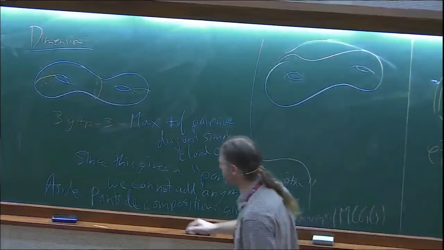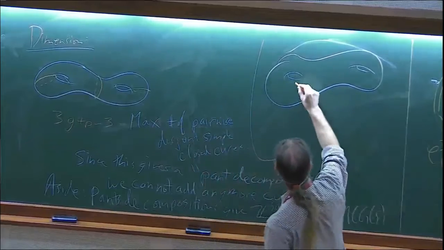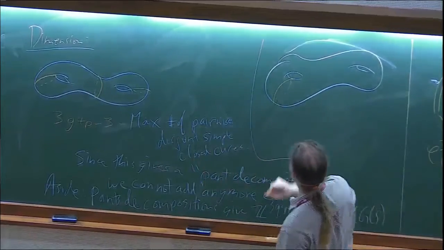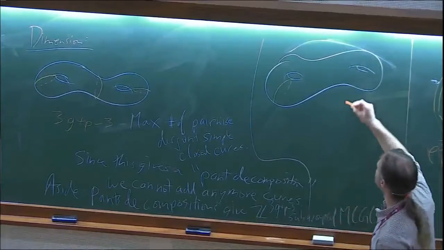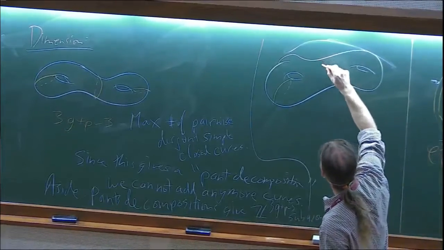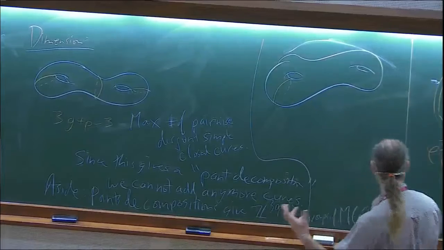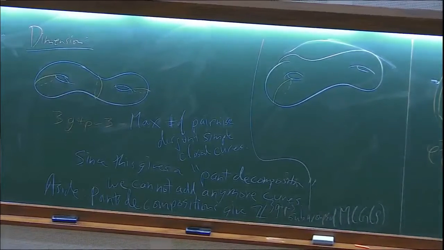Pick some curve, maybe I'll draw this orange curve over here. Well, there's a lot of room in this surface. Given that one curve, I want to show this complex is locally infinite, and I need to show there's infinitely many other curves. Well, here's an infinite family.